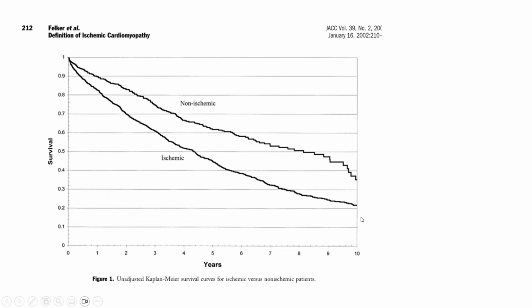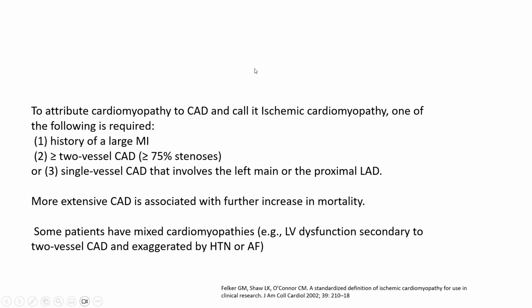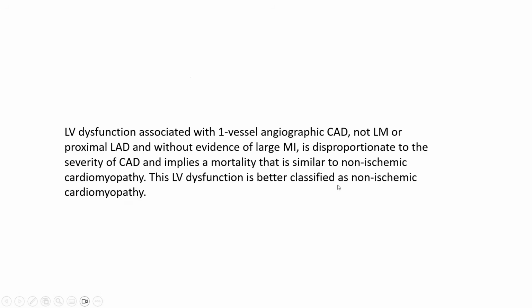And this is from that paper in 2002 that defined ischemic cardiomyopathy and showed the difference in mortality between non-ischemic and ischemic cardiomyopathy. And that paper showed that one vessel disease has the same mortality as no significant CAD. And that's why we require more than two vessel CAD to define ischemic cardiomyopathy, or single vessel that is left main or proximal LAD.